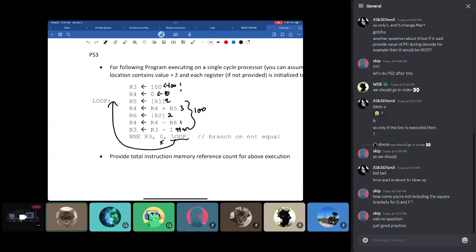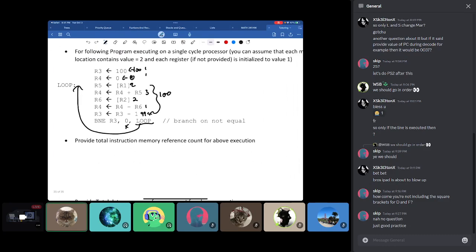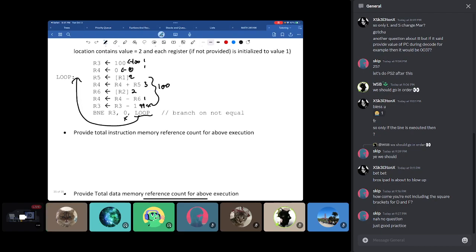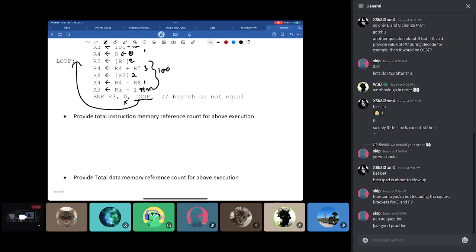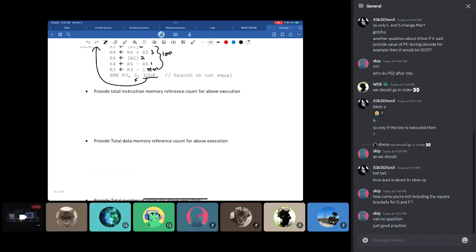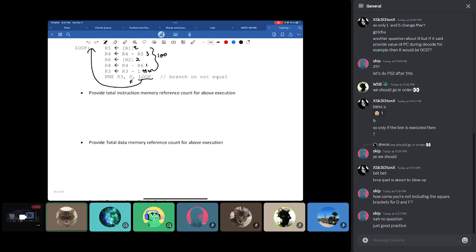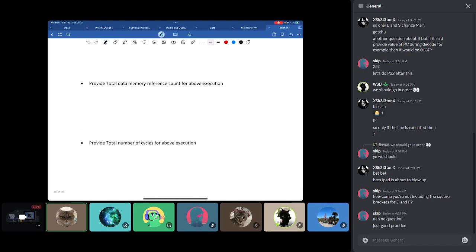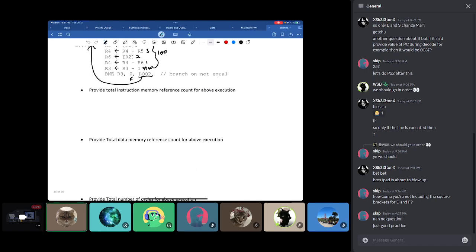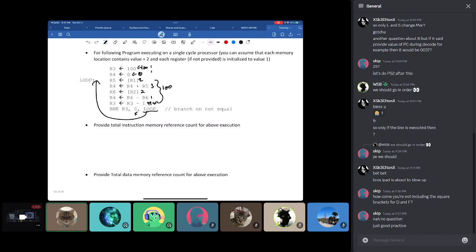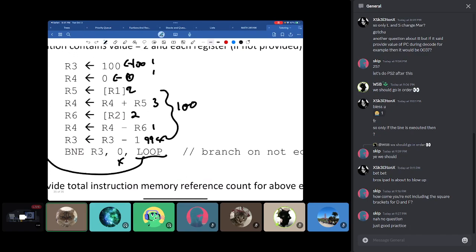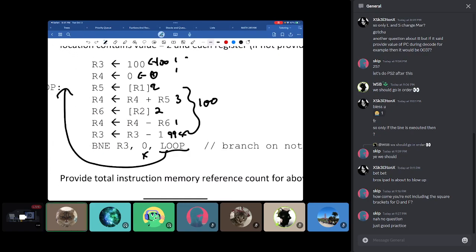Okay. So we're saying provide total instruction memory reference count for the above execution. Since it's instruction memory reference count, I believe that's just the number of instructions. So we have 2 here, then we have 6 here, but that's running 100 times.